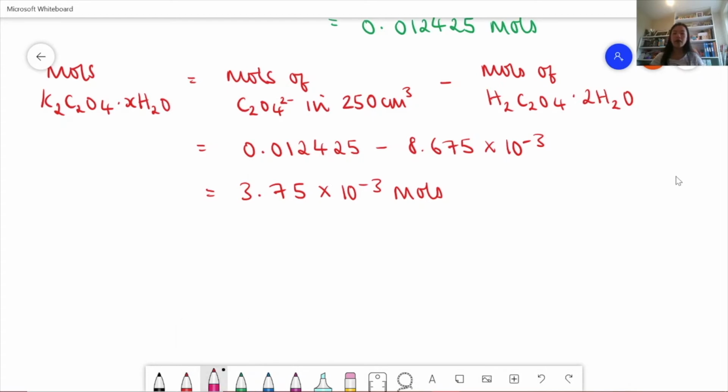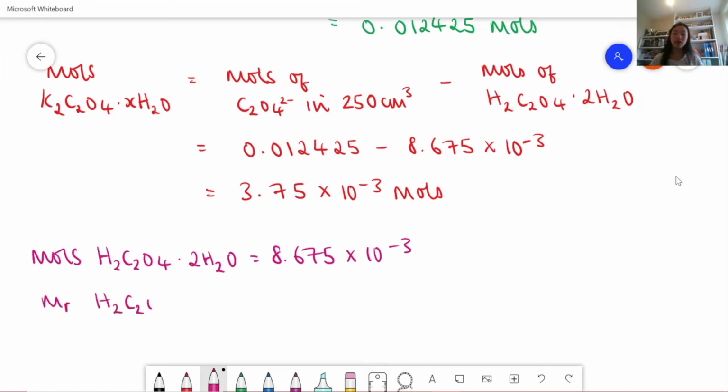So we have that the moles of ethane dioic acid is 8.675 times 10 to the minus 3. And we could work out the MR of this ethane dioic acid as well. And so then we can work out its mass.